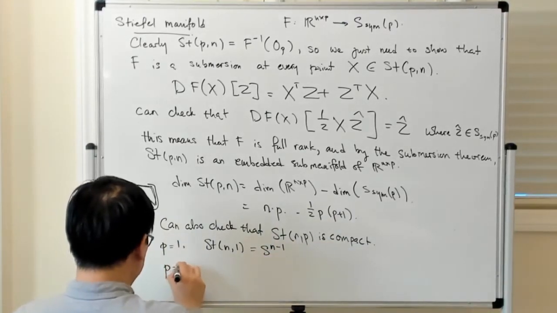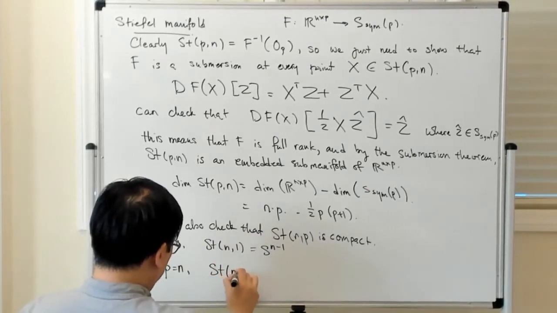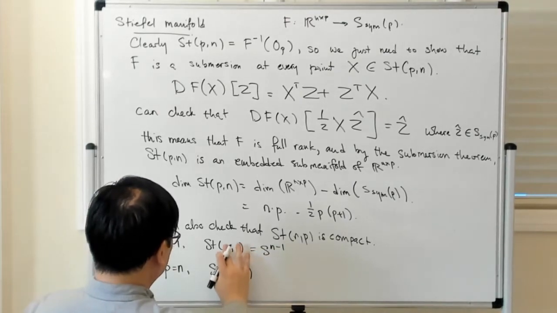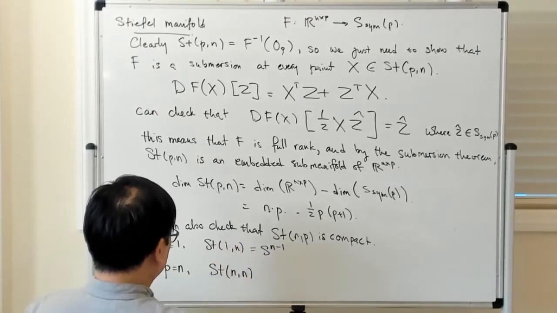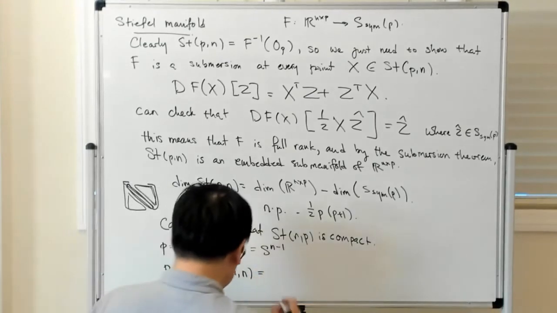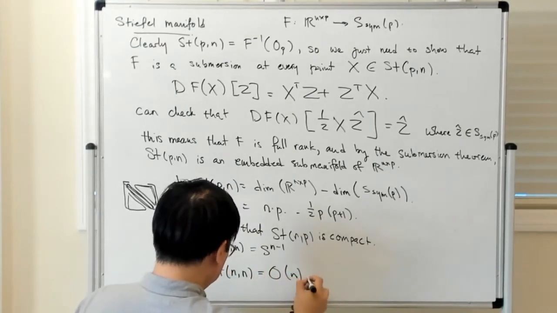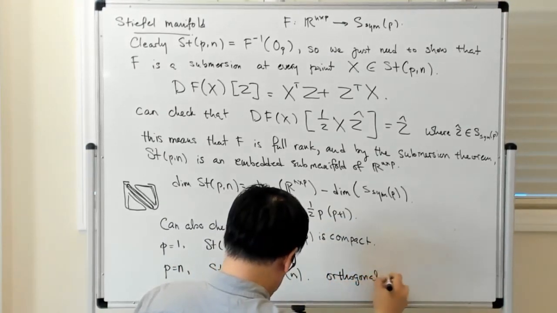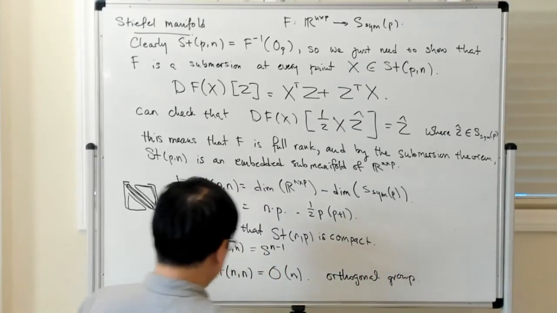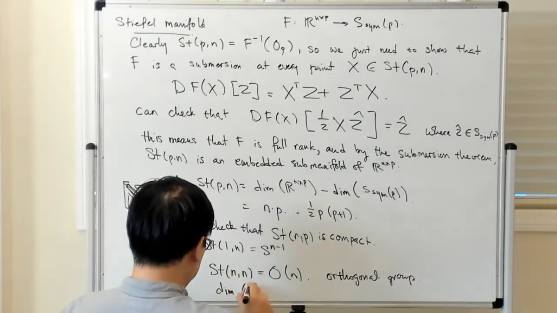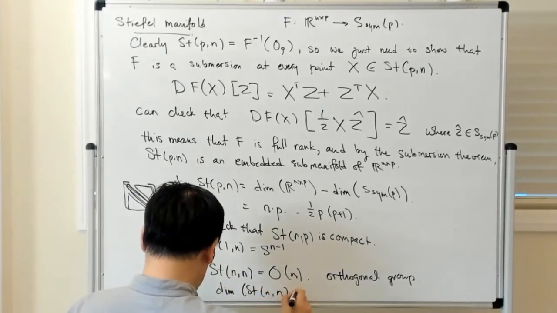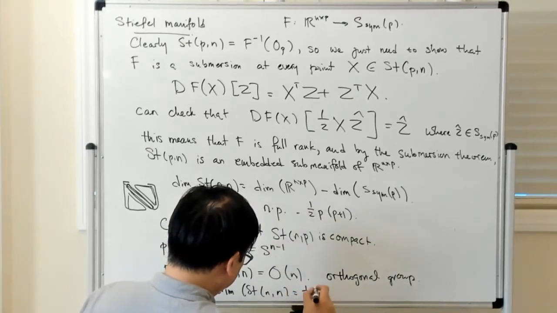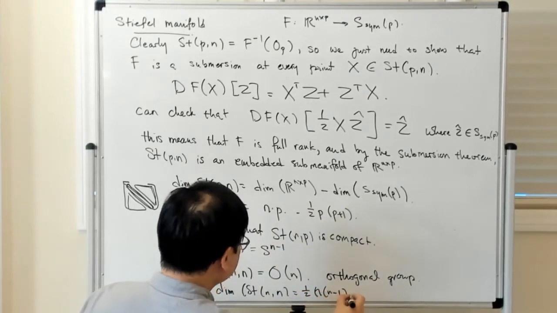And when P is equal to n, the Stiefel manifold St(n, n), sorry, I guess the convention is P first, is just the orthogonal group of dimension n, and its dimension is just 1/2 n times n minus 1.